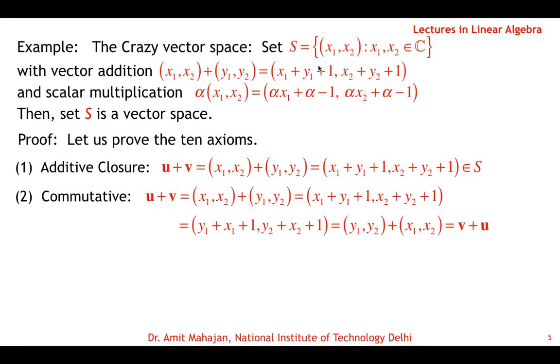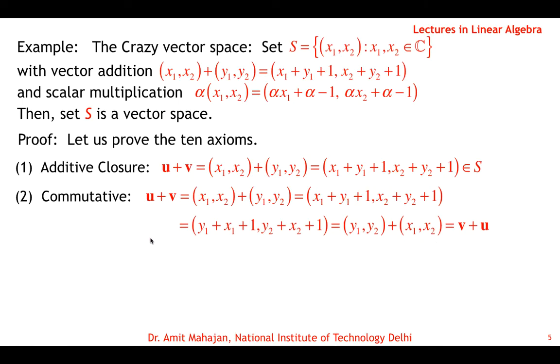Then we can use the addition property backward, where the first element goes to first and second to second, so it becomes y1 y2 plus x1 x2. This is v plus u, so commutativeness is satisfied.